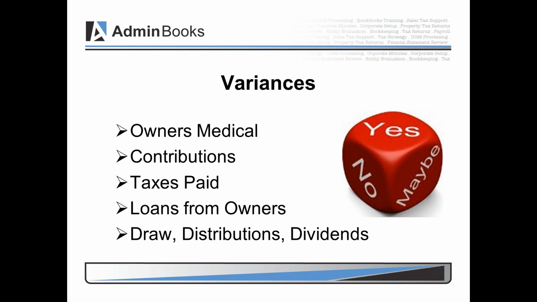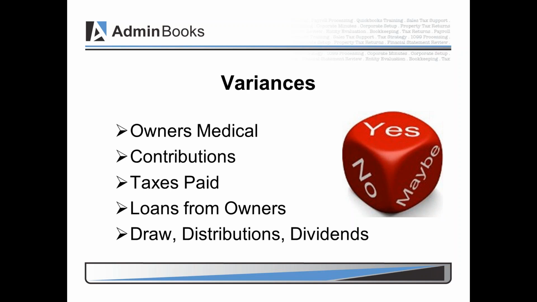But for an S Corp and a C Corp, if any owners loan the company money, that's a balance sheet item, and you need to have a promissory note, a repayment schedule, and if it's over $10,000, you need to charge interest, meaning there's probably going to be a 1099-INT for interest charge, depending if it's an asset or a liability for the corporation.